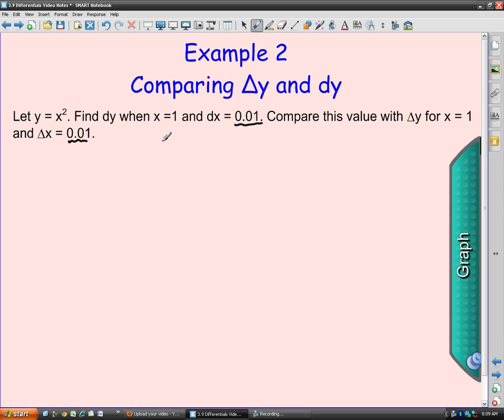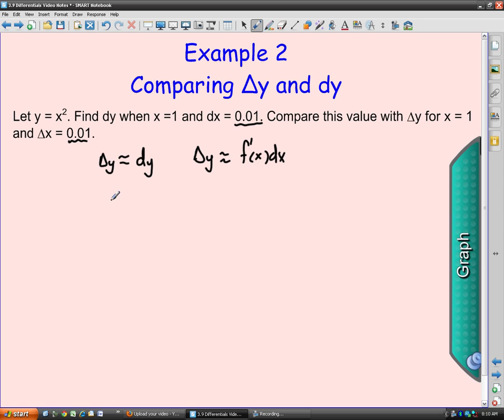We need to know that delta y is approximately dy, which means delta y is approximately f prime of x times delta x. We need to remember these when we're dealing with this.